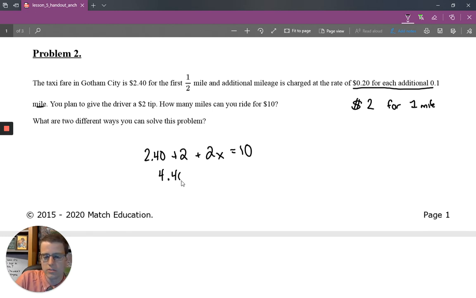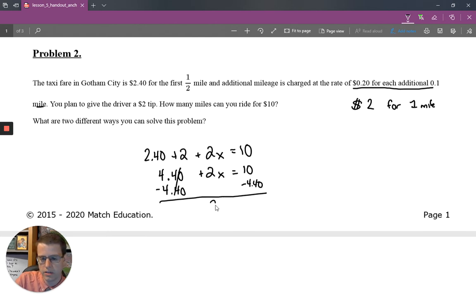If we have $4.40 that we're already dedicated to giving, plus $2 per mile equals 10, we can subtract $4.40 on both sides of this equation now. We're left with 2x equals $5.60.